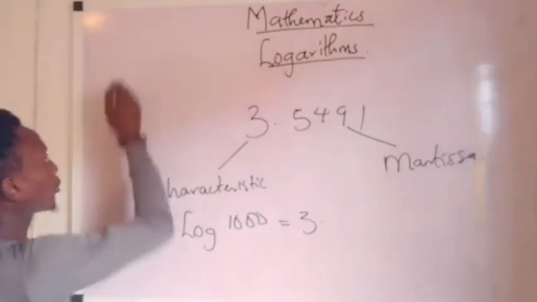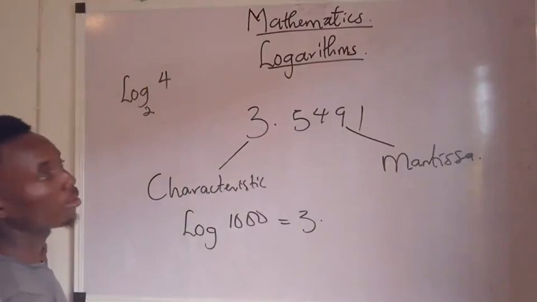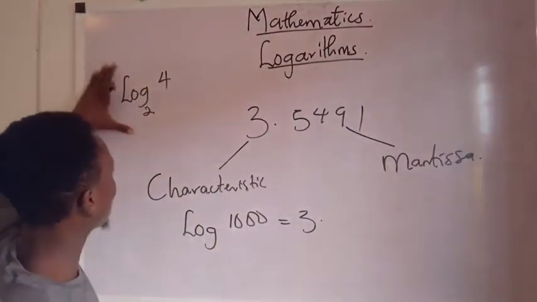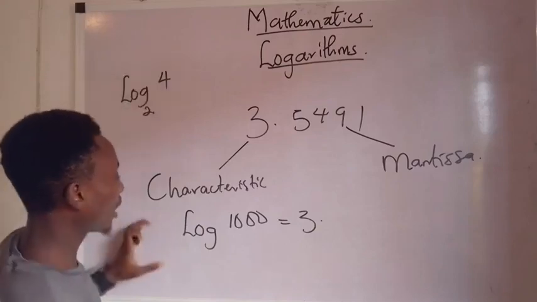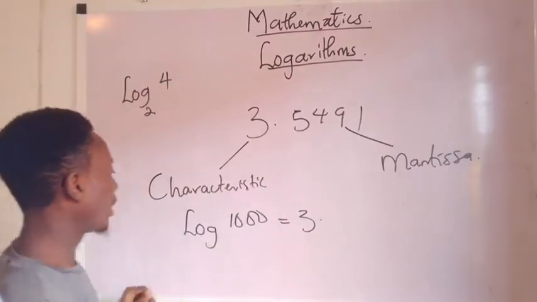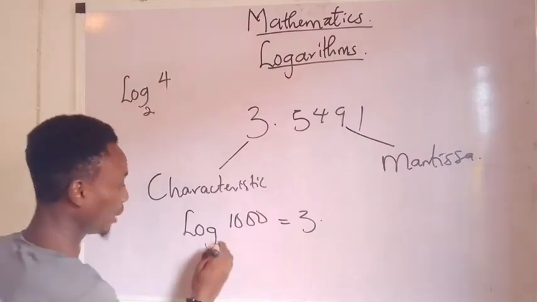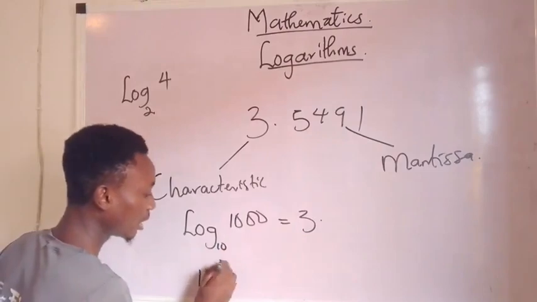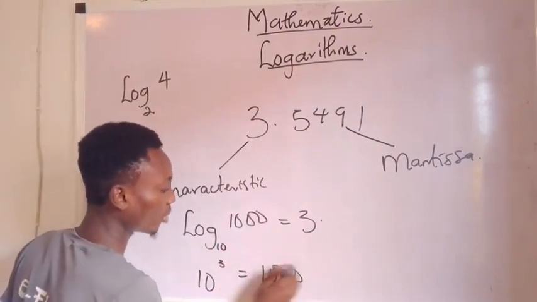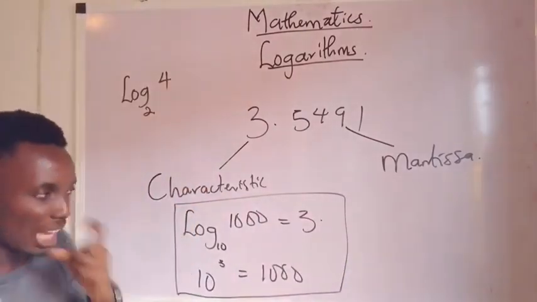For example, when you have something like log 2 4, it is indicated that the base is 2, to the power of 4. When you have log 1000 equals 3, like I said, it is base 10. This actually means that 10 raised to power 3 is 1000. Now, this is the relationship between indices and logarithm.